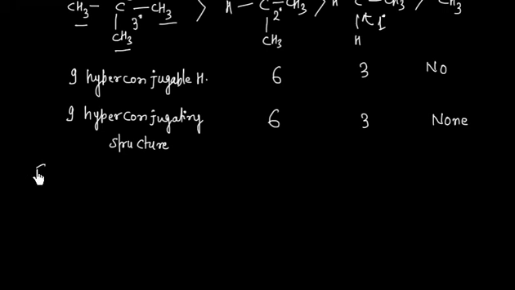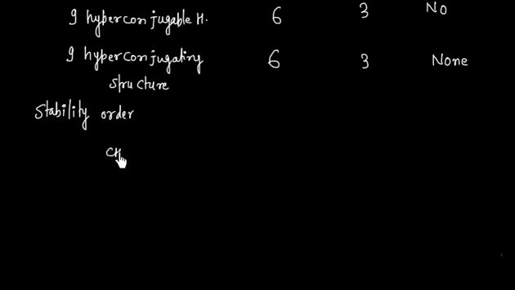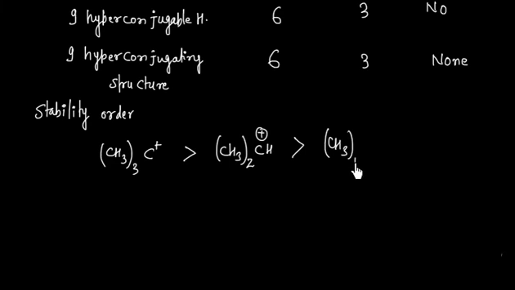So the stability order we will have: this carbocation most stable, then we will have (CH3)2CH+, then we will have this carbocation, and finally we will have methyl carbocation.